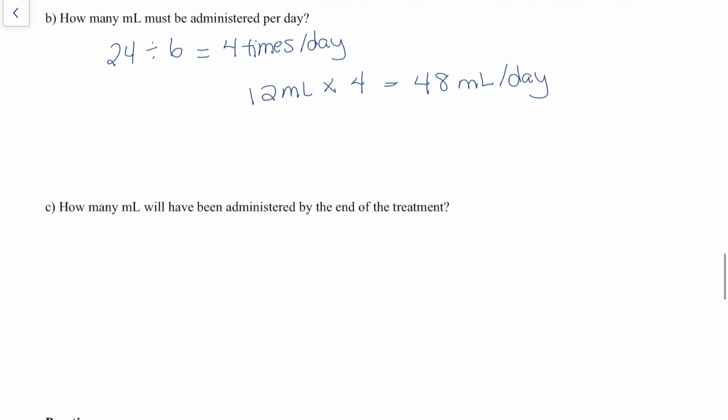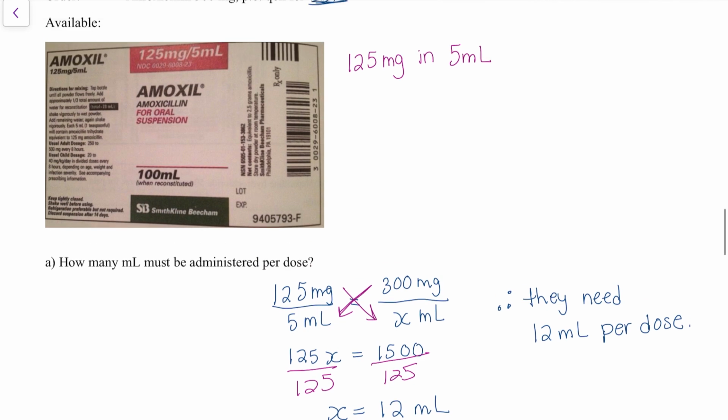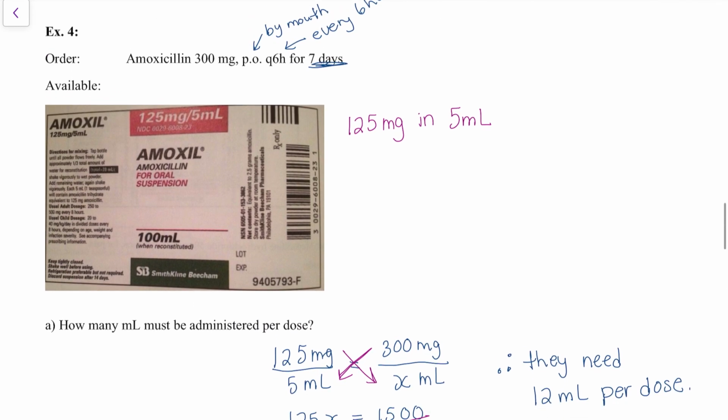And then it says how many milliliters will have been administered by the end of the treatment. Well, if we look up at the order, it was for 7 days.